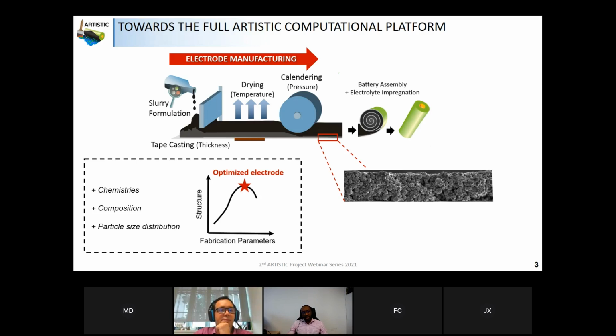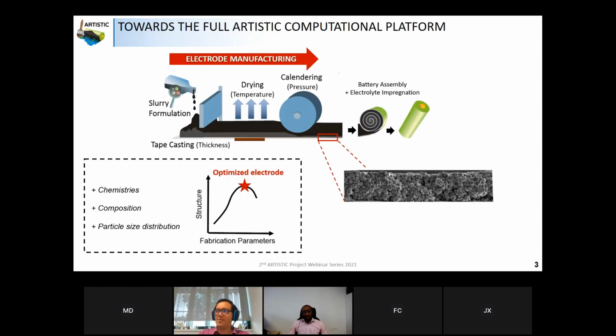So the idea generally is to try different chemistry, different composition, different particle size distribution in order to obtain the best structure, the optimized electrode structure, because for sure the properties will depend on the structure. We make all these experiments to have the best structure.